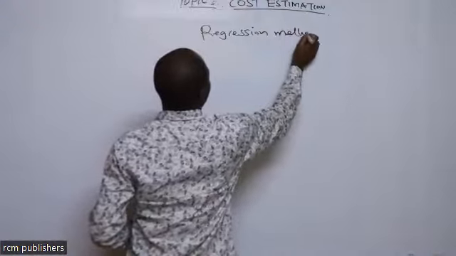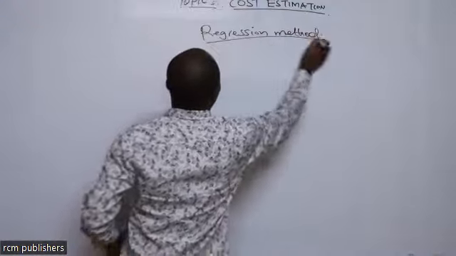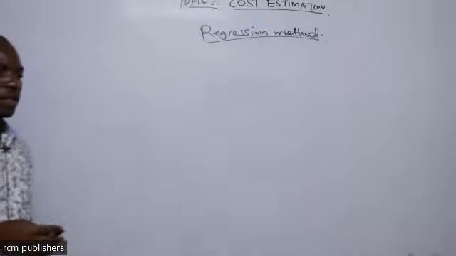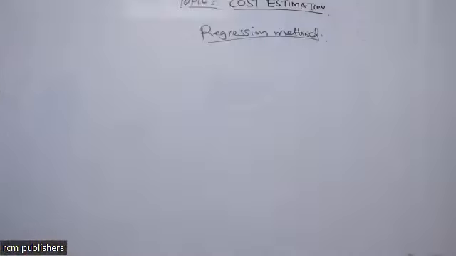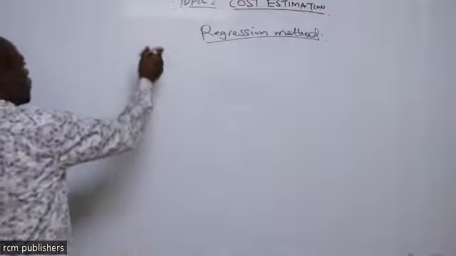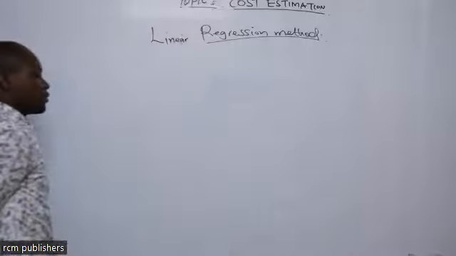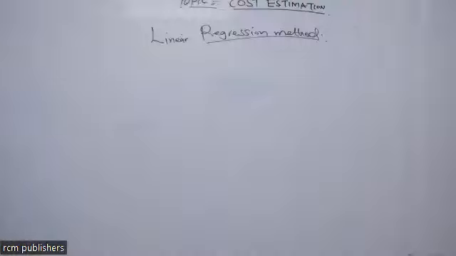Regression method, it will still put us within that bracket of identifying the value of Y and X. I think the regression method will be okay. So linear regression method, we can call it linear, ordinary regression method. Ordinary regression method is also another name of that.